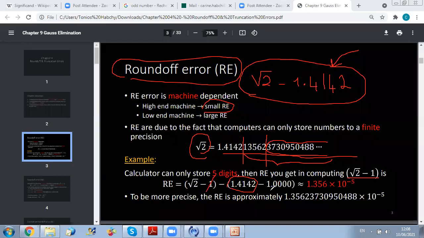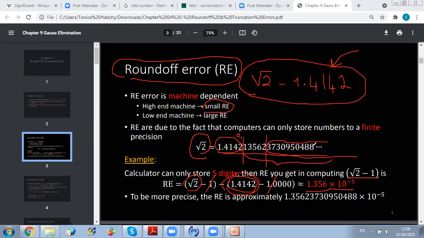So the round-off error is the difference between radical 2 and the value stored in the calculator, 1.4142, and it will be of the order of 13.356 times 10 to the power minus 5. Because when I do the difference, this term will cancel out, and I will end up with 0.